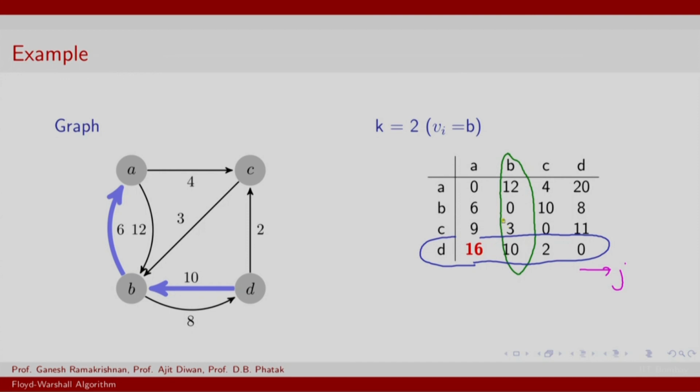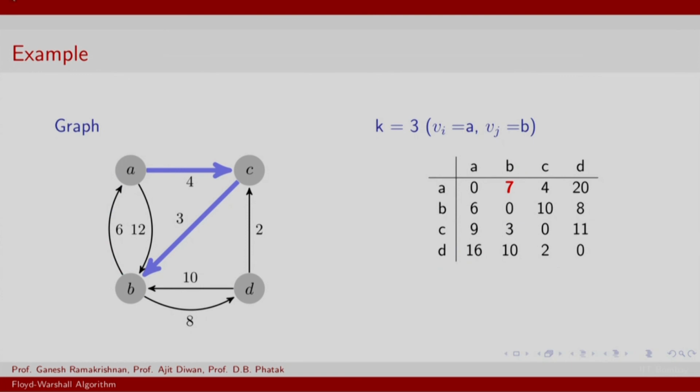DB is 10, BA is 6, and compare with the earlier value of DA. The earlier value of DA was infinity, and 16 is certainly less than infinity. There is an update. There is actually nothing to do for the last two, because the weights are always going to be smaller than what we would get using any possible relaxation update. So this was for K equals 2.